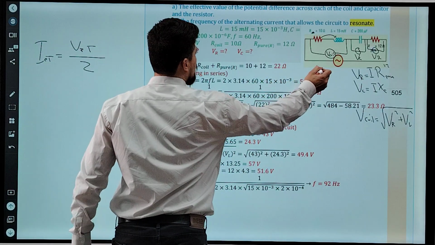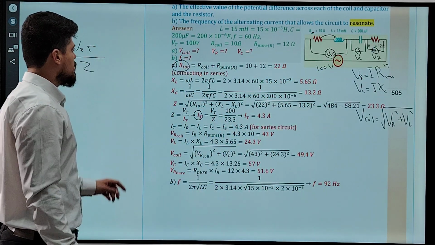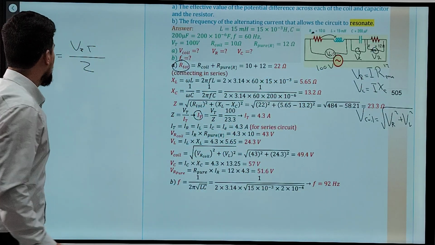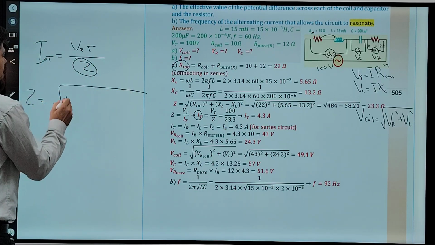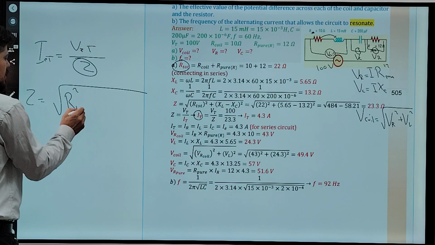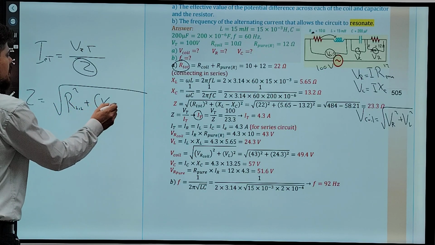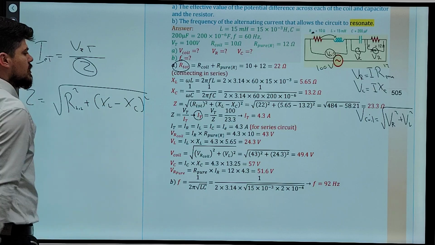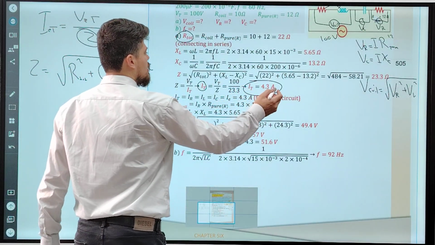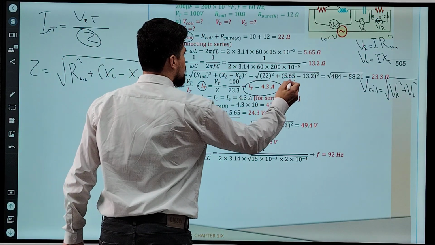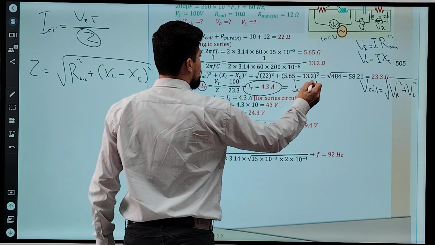V total 100 volt, and replace into the equation. But we have to find Z. How can you find Z? Z is the square root of R total squared plus (XL minus XC) squared. Replace into the equation to find the current, and this current is also I sub C, I sub L, I sub R. Okay?